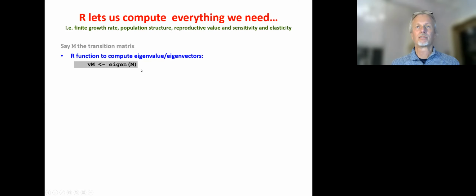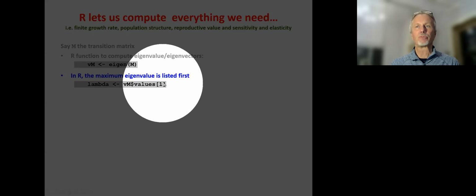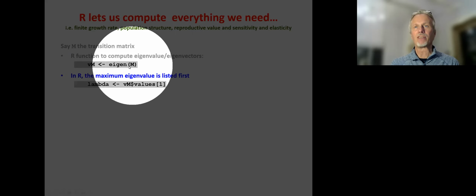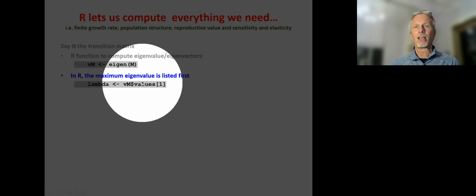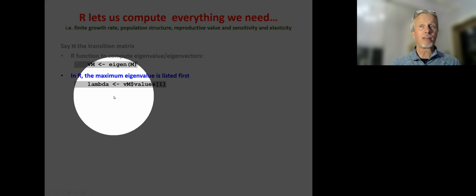It's very simple, okay? And then we can extract the maximum eigenvalue, which is always reported as the first element. So we store the results of the eigenfunction in VU M, and then VU M dollar value, the first eigenvalue, is the dominant one, and is equal to lambda.